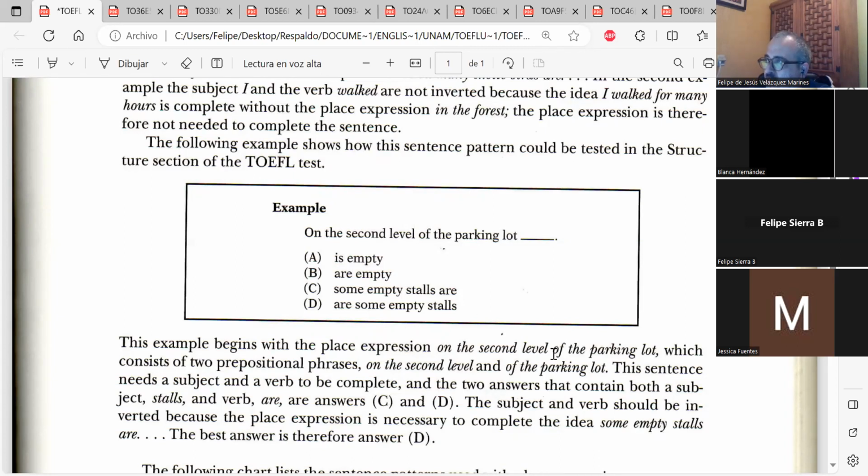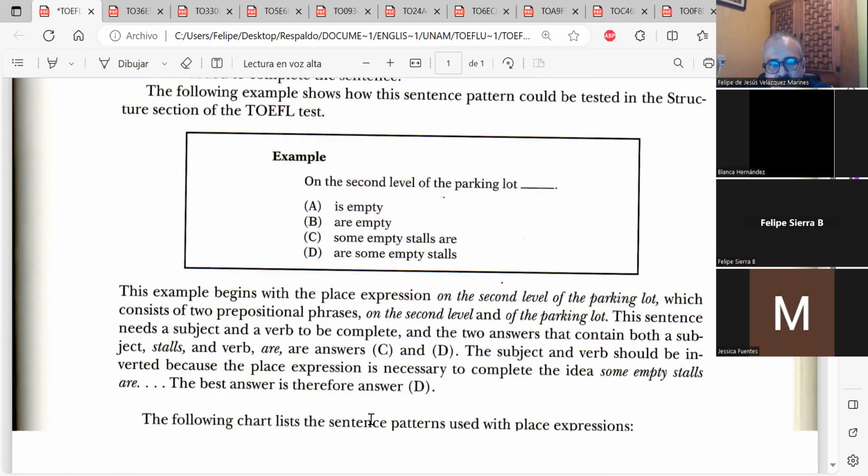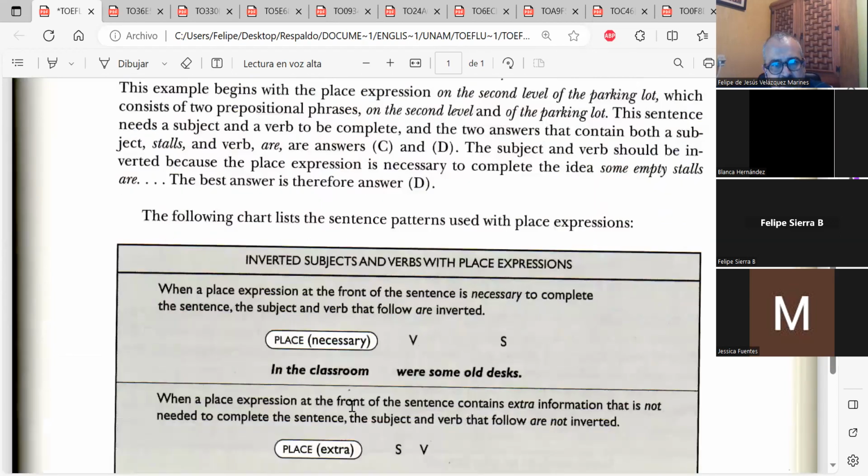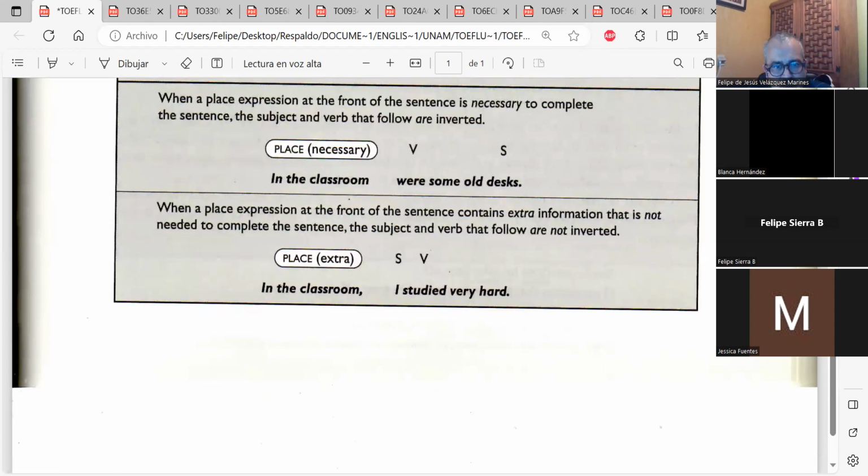What is a stall? A stall is where you can place a car, no? In fact, the origin of this word is the place where you put horses, no? So, caballerizas. That's why they also use stalls for the places where people work, like cubicles. We call them cubicles too.